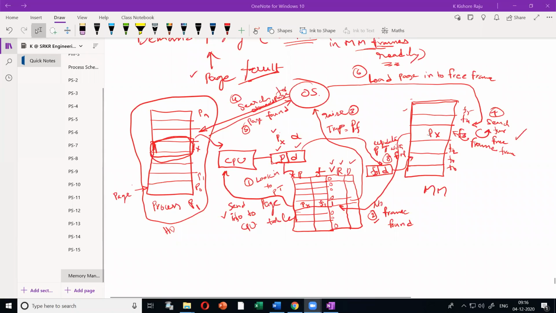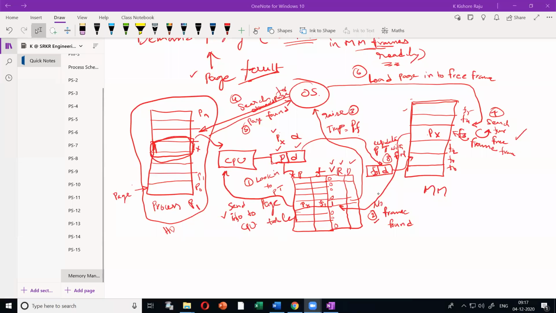So one of the frames is loaded with the demanded page PX, then that information should be placed in the page table. So in the 8th step, update the page table with the frame number and the valid bit will be set.